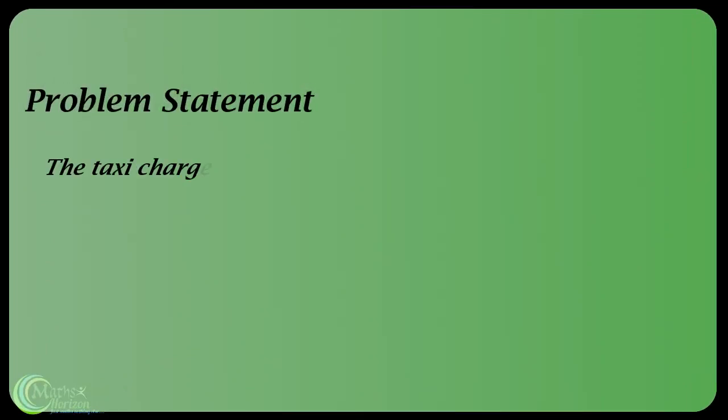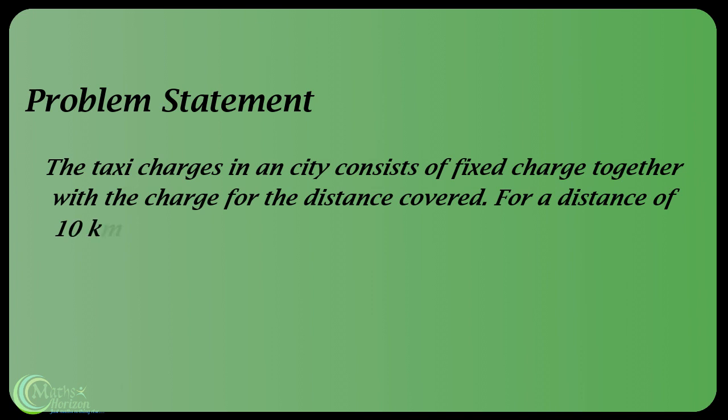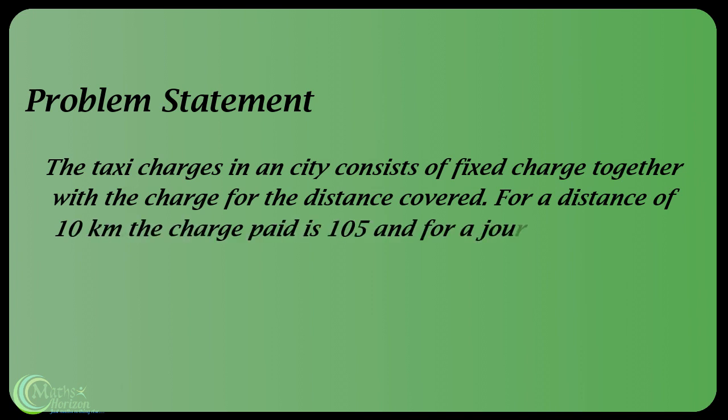So the problem statement goes like this: the taxi charges in a city consist of a fixed charge together with the charge for the distance covered. For a distance of 10 km, the charge paid is 105 rupees, and for a journey of 15 km, the charge paid is 155 rupees.